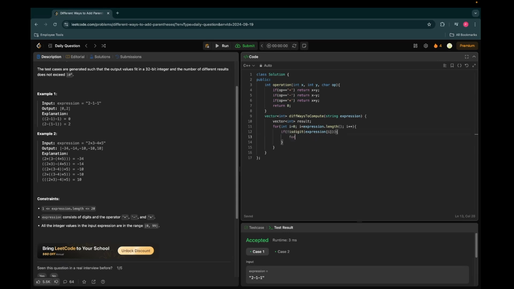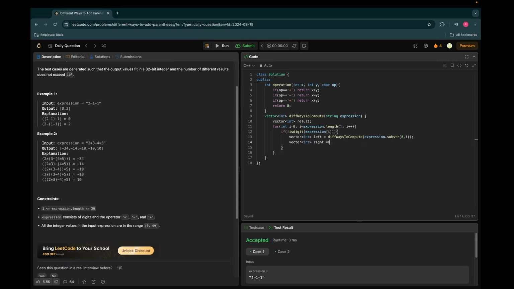Then we need to slice this into two subproblems, and store the result into two vectors, let's say left, and call that function recursively on the left side. So how can we call it? Expression dot substr 0 comma i, not included, as a vector of int.